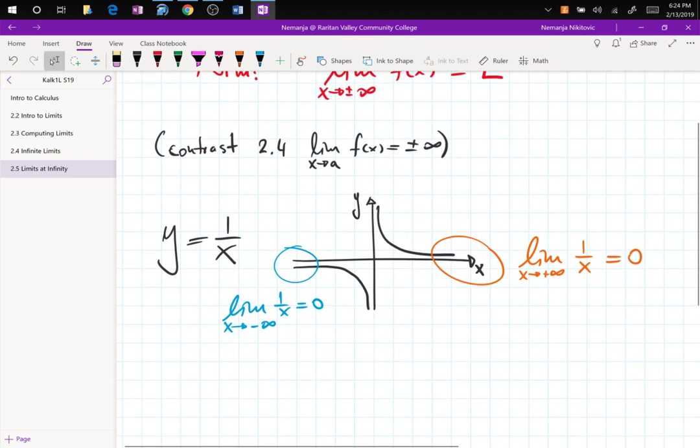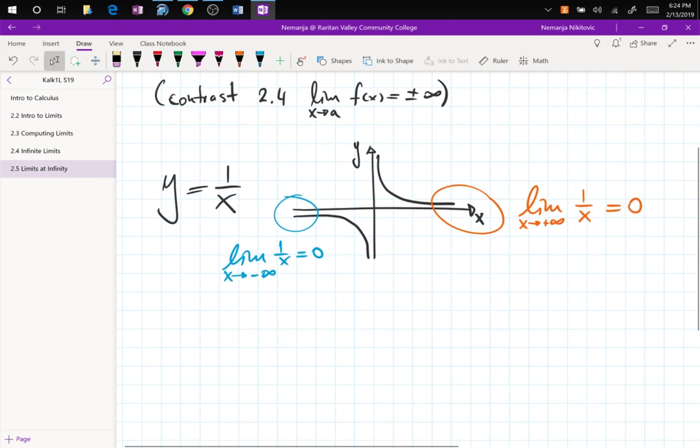So now that gives rise to what we call a horizontal asymptote.